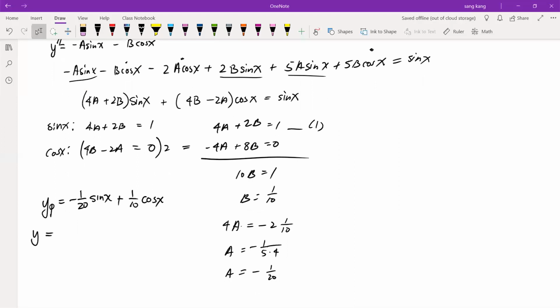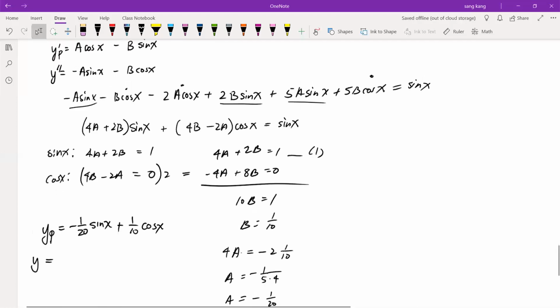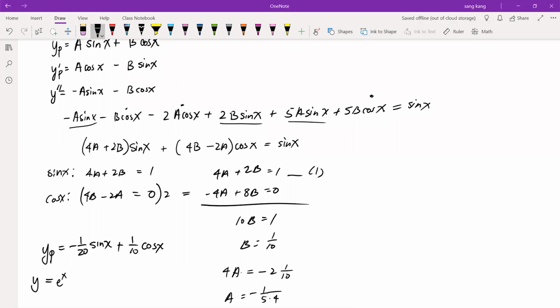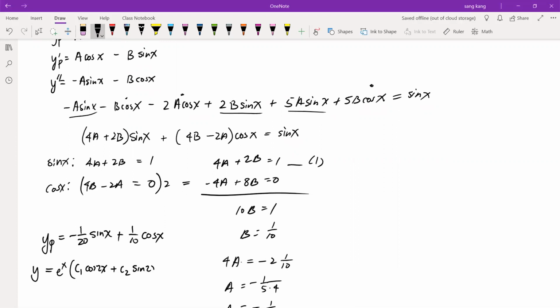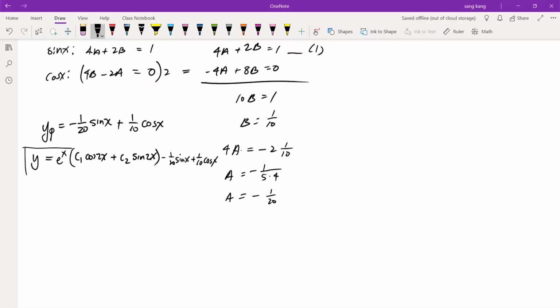Okay, so y is going to be homogeneous. Okay, e to the x times c1 cosine 2x plus c2 sine of 2x, minus 1/20 sine x plus 1/10 cos x. So here's my general solution.